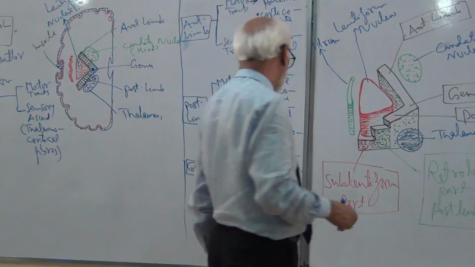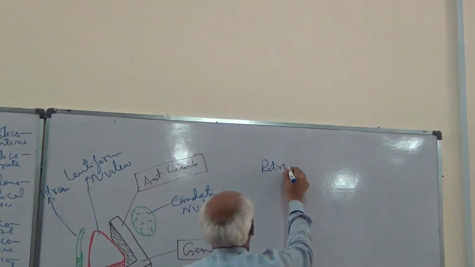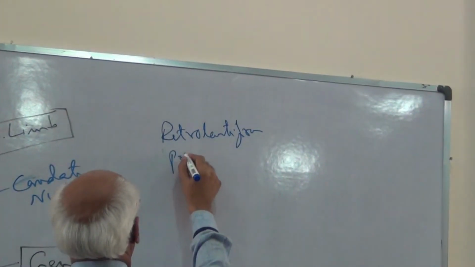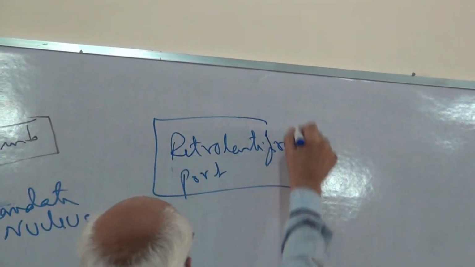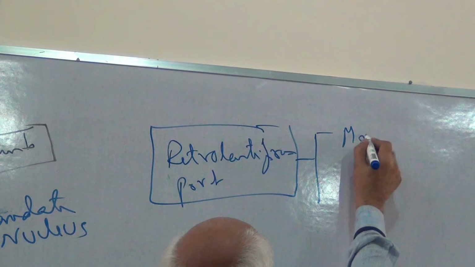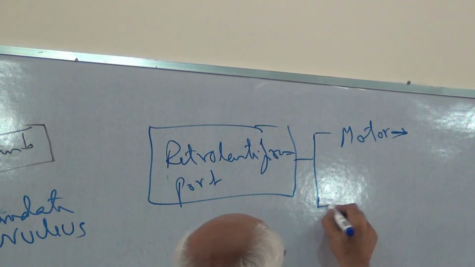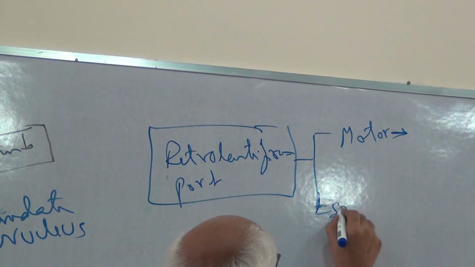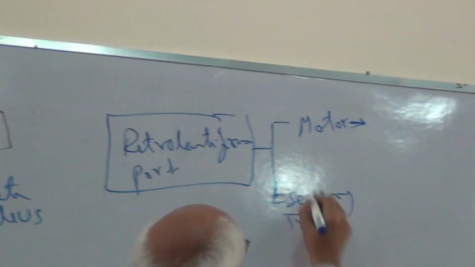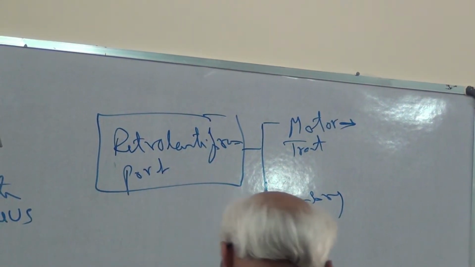Next is the retrolentiform part. What are the motor and sensory tracts passing through the retrolentiform part?